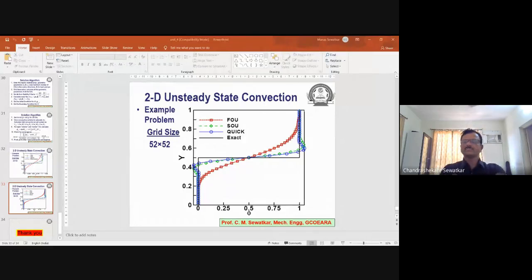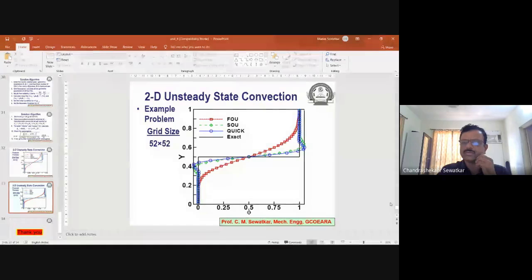Is there any question by the participant? Phi is not bounded in quick. Not bounded in the quick means it grows above 1 and below 0. Yeah, that's a small variation we do obtain. This is a numerical solution, so we cannot expect the solution to be exact.